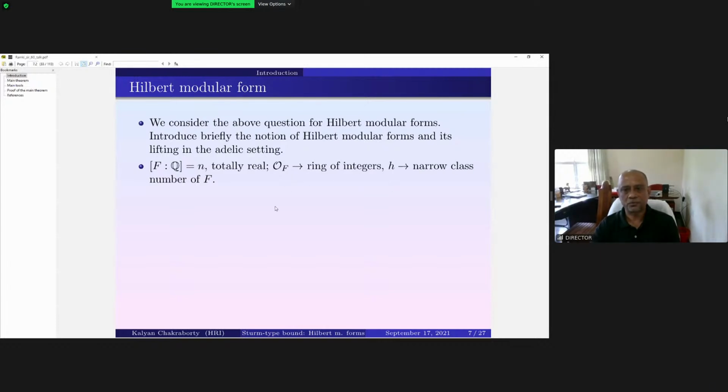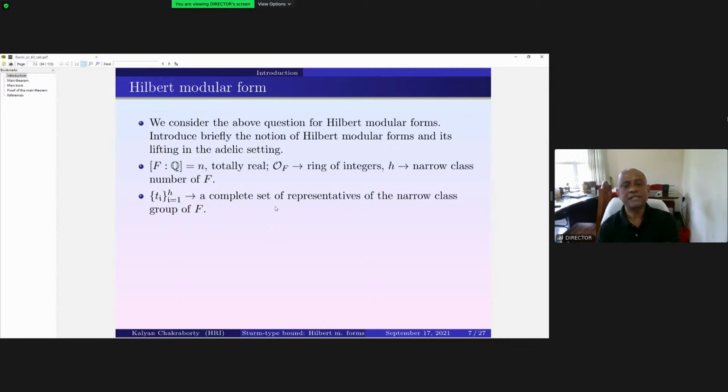That's what is called the narrow class group. Choose a complete set of representatives of this narrow class group, call them t_i, i equals 1 to h, where h is the order of the narrow class group.